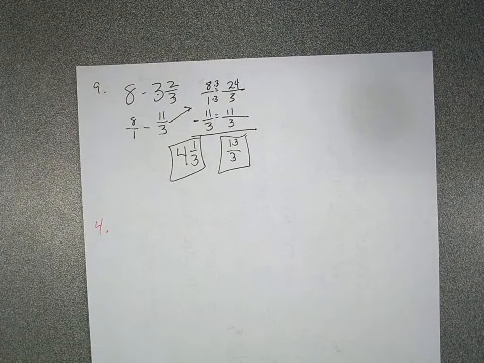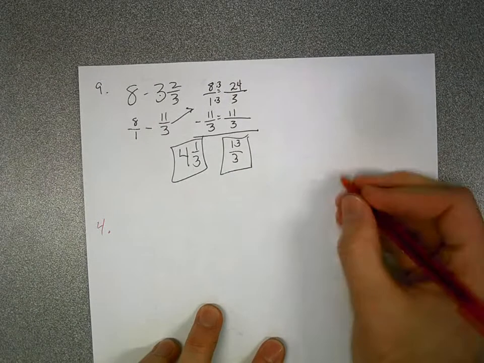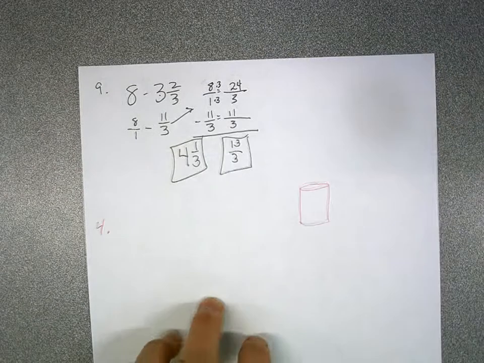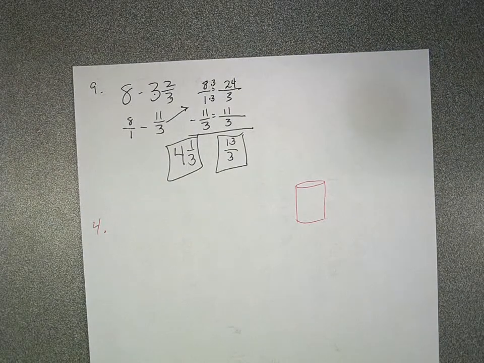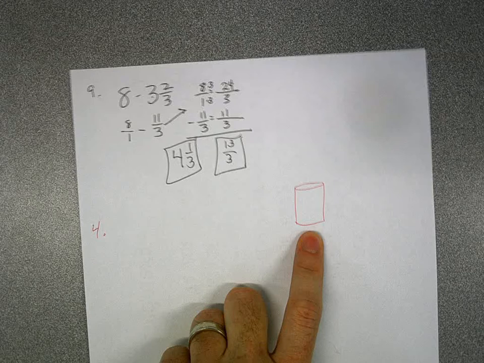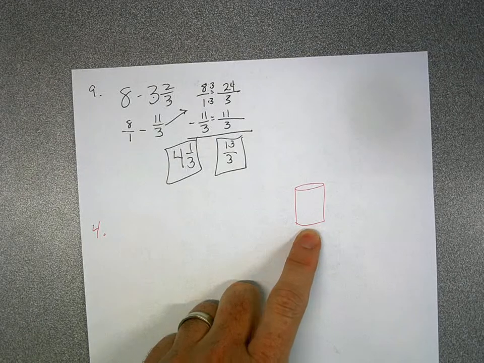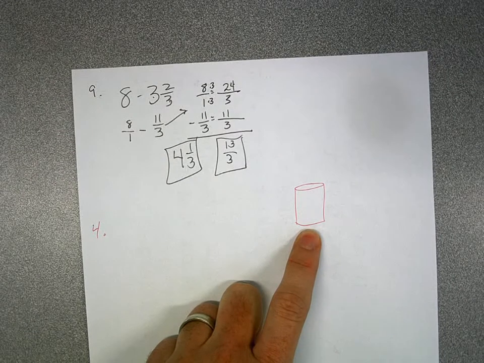So here we go. The first thing I'm going to do is draw a diagram. Now, a diagram is a little picture that you can label. It doesn't have to be perfect. A car gas tank doesn't look like that, but this is a container that can hold liquid like a tank of gasoline, right? So let's say that I'm just drawing a quick figure. It says a car's gas tank can hold 11 9/10 gallons.